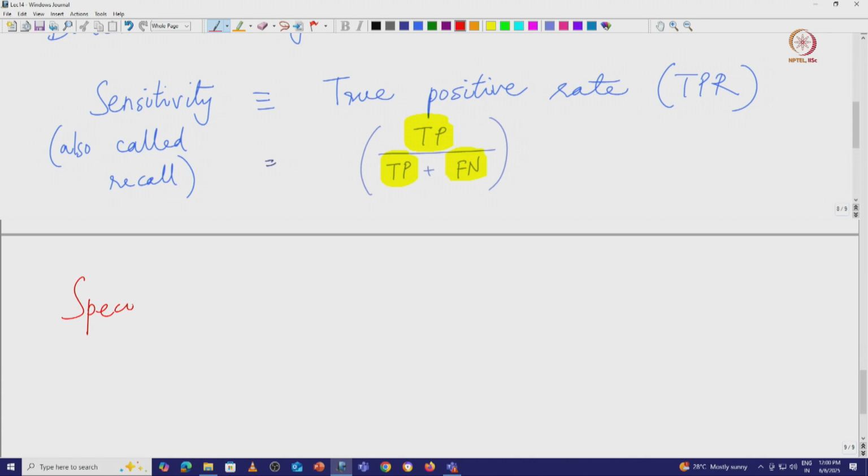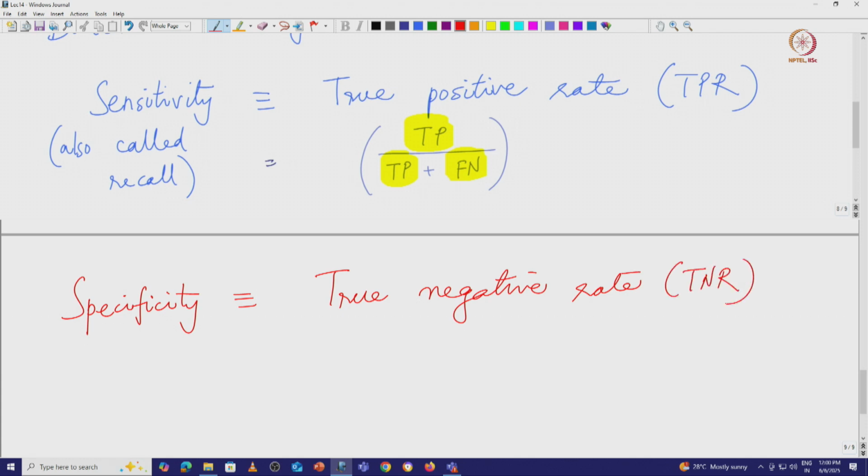This specificity is defined as the true negative rate, TNR, and that is equal to the number of true negatives divided by the true negatives plus the false positives.